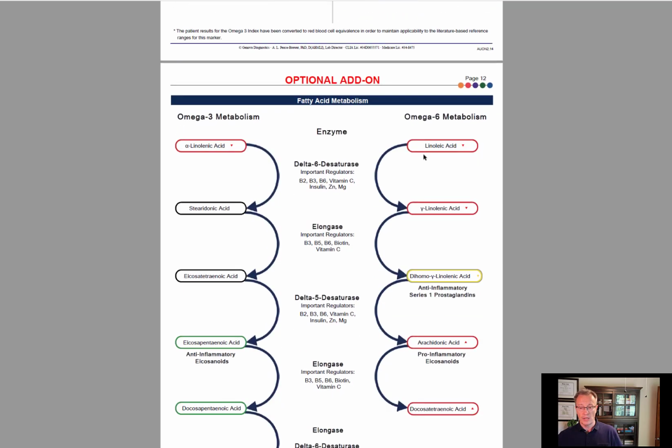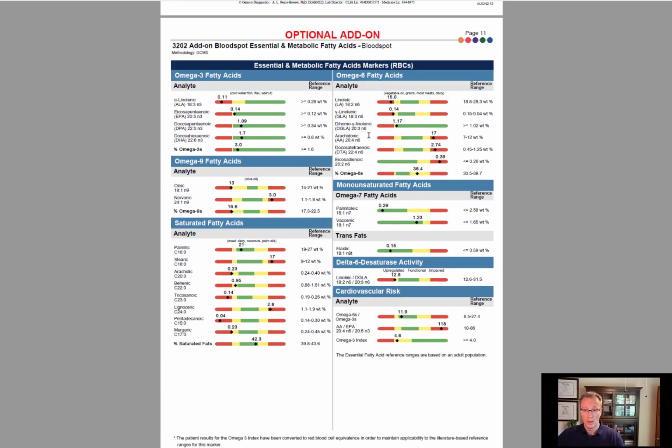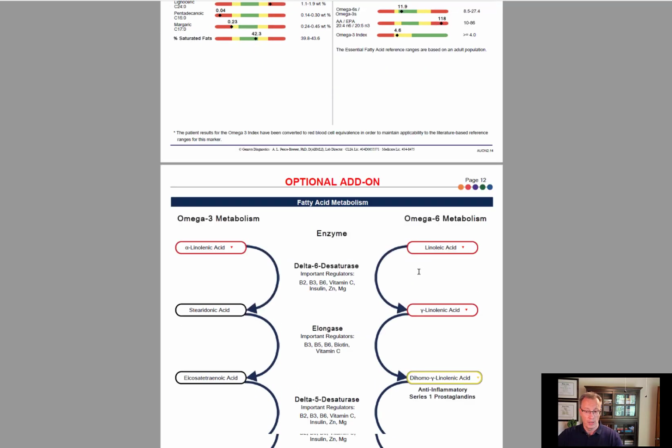Because sometimes multiple deficiencies in vitamins, and you can see that a lot of vitamins are involved here, will not allow us to process all the omega-6s correctly. For example, arachidonic acid is profoundly important for our immune system. So if we have problems with arachidonic acid, then our immune system will not function properly.